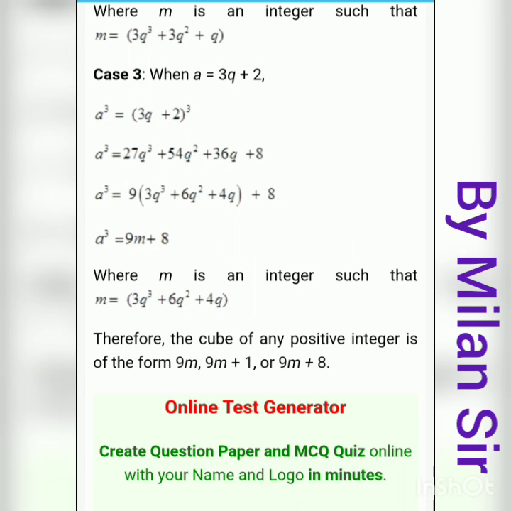Now we take this bracket equal to m, 9m plus 8. Again quickly I repeat this thing, (3q plus 2) all cube: first term cube 27q cube, 3a square b 54q square, 3ab square 36q, plus b cube 8. Now we want this plus 8 as it is, and from the first 3 terms just take 9 as a common, so you will get 9m plus 8, where m is equal to this bracket. Therefore the cube of any positive integer is of the form 9m, 9m plus 1 or 9m plus 8, hence proved.